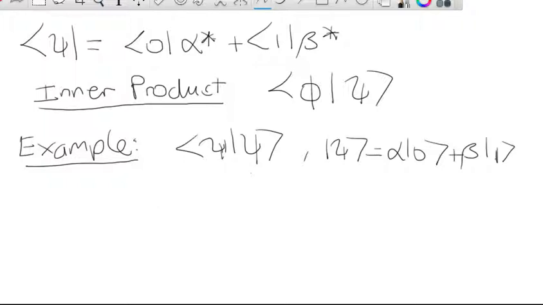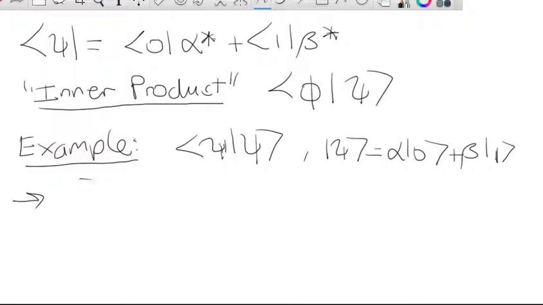If we want to calculate this, we need the ket, which we have defined there, but we also need the bra, which is just defined up here. Essentially, what we want to do is multiply this bra by this ket. So let's do that and see what we get.